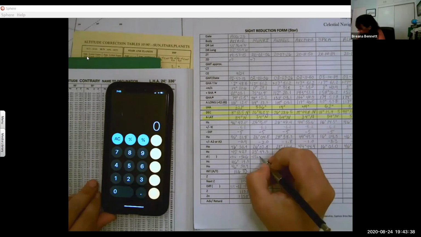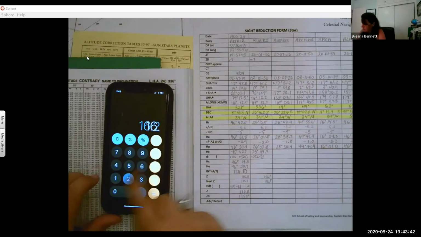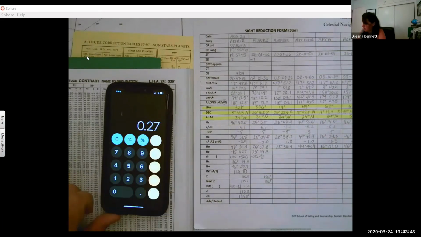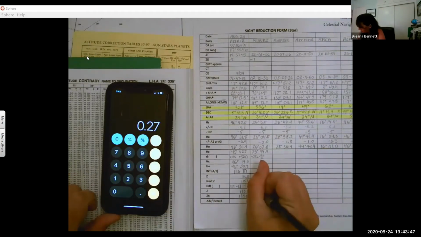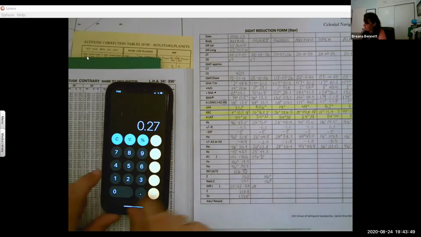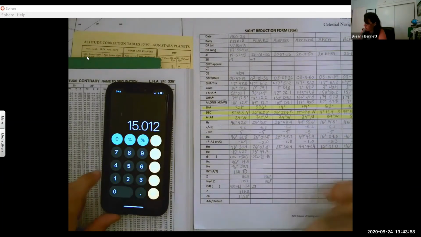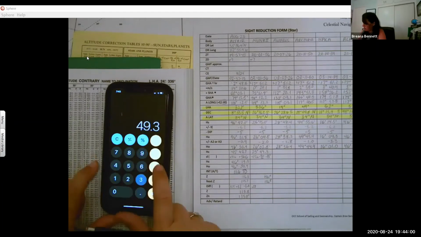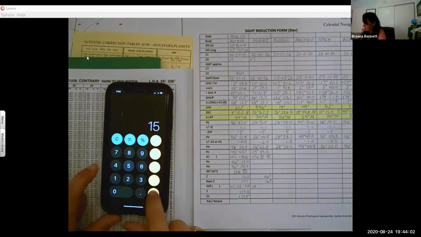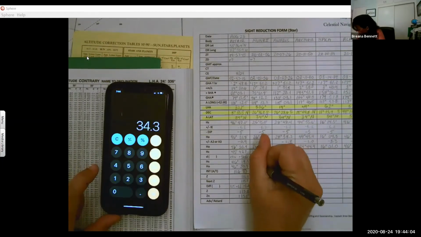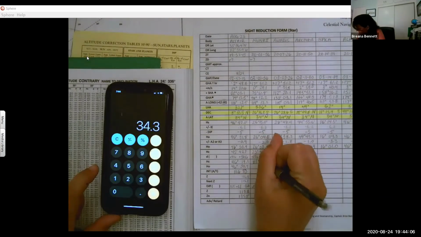So I have 16.2 60ths, 0.27, write that in there, times 55.6 gives me minus 15. So I have 49.3 minus 15 gives me 25 degrees, 34.3.